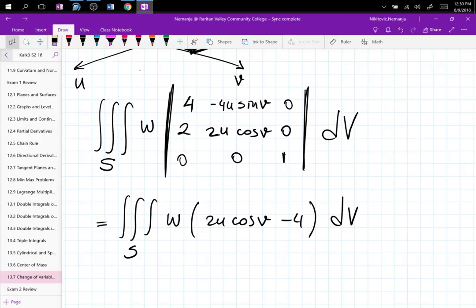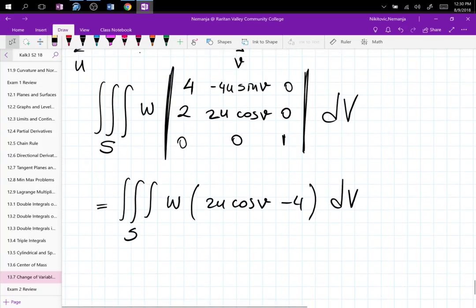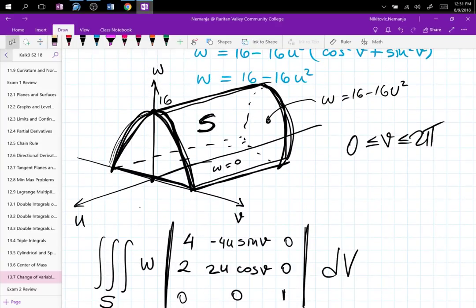So the limits for this shape, we anchor this dv, the lowercase v. It doesn't actually matter because it's a rectangle.